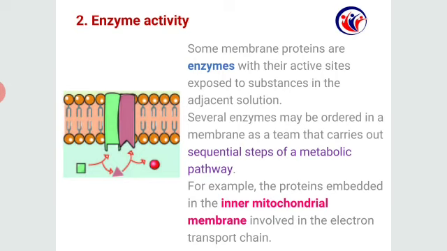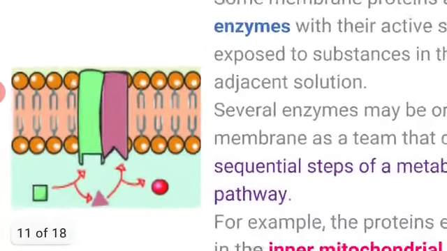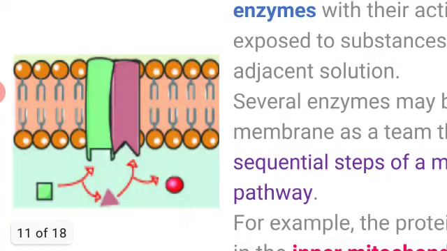Now, looking at this diagram, or this picture in the slide, I will refer to shapes. Okay, you have a rectangle that is green, then you have a triangle, and then you have a circle. Those are, I could say, substrates and products. Then in the plasma membrane we have two integral proteins that are spanning across.